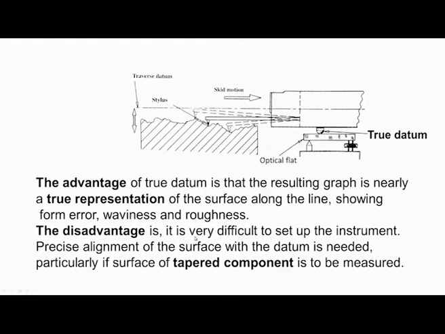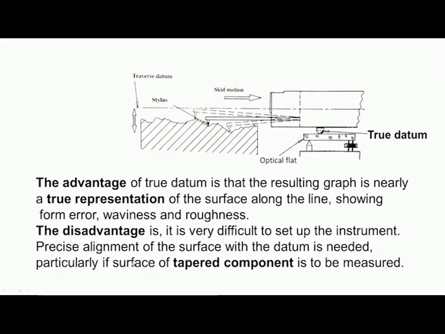The disadvantage of this system is that it is very difficult to set up the instrument. You can see here that the true datum height should be properly adjusted so that it is almost parallel and in line with the surface in question.